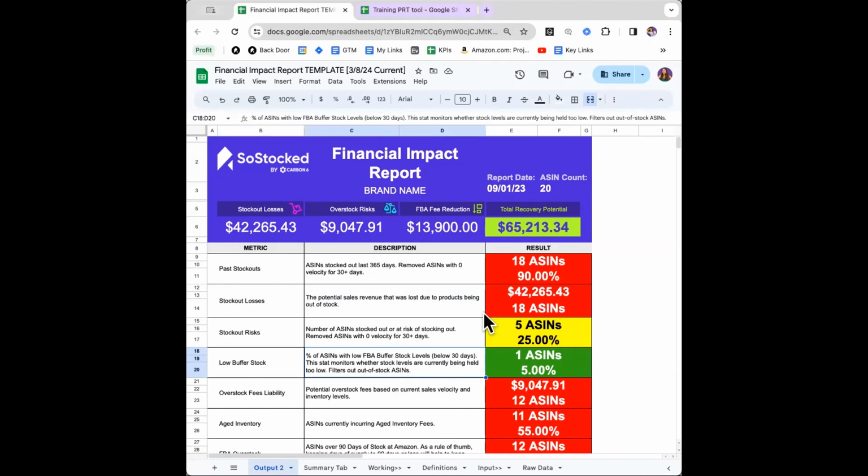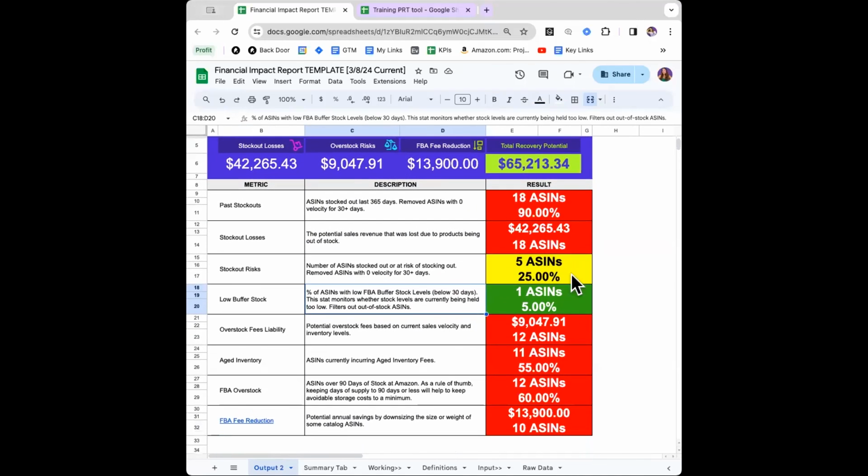It will highlight these in the red areas. These are some areas to look out for. Yellow areas are just something to keep an eye on, and green areas you're doing well. So this entire section is around low stock. Do you have low buffer stock? If you have a bunch of products with low buffer stock, that's something you want to get a handle on, because that probably means you're going to be incurring low inventory fees.